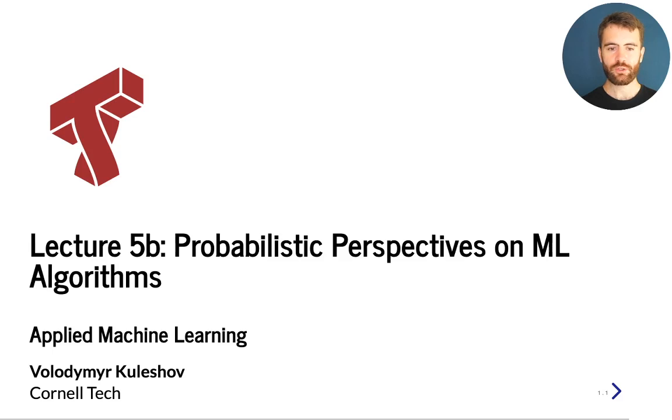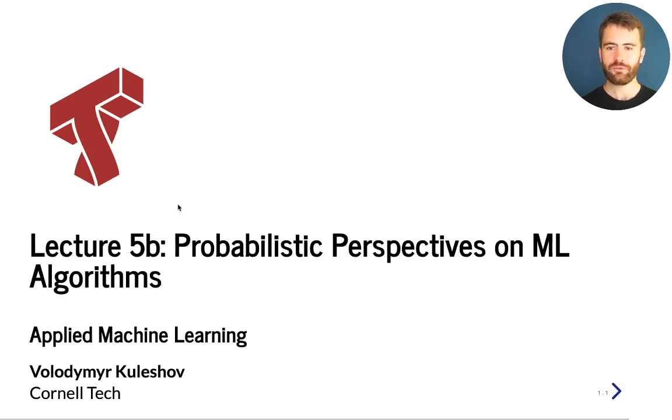In this lecture, we're going to continue the discussion that we started in lecture 5, and we're going to see some specific examples of probabilistic machine learning algorithms. This lecture is going to be very similar to the previous one, which is why I'm calling it lecture 5B.